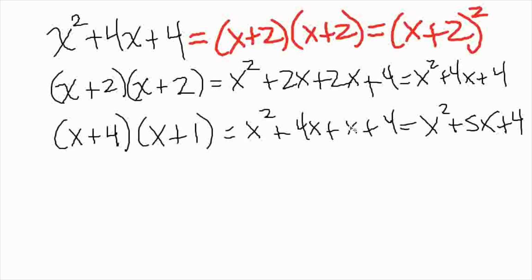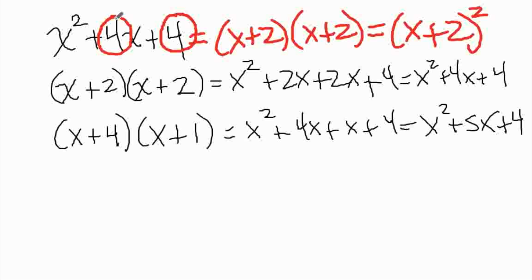All right, so you will see that. Now, if you want to know when that's going to happen, this is not the most important information, although it will be useful later. But if you want to know when you're going to have a perfect square, it's when the last term is the square of half of the middle term.